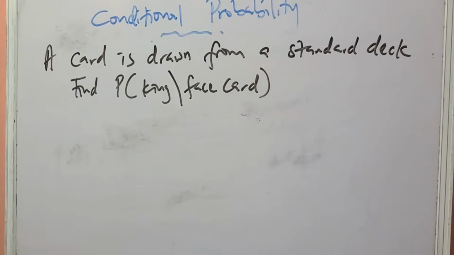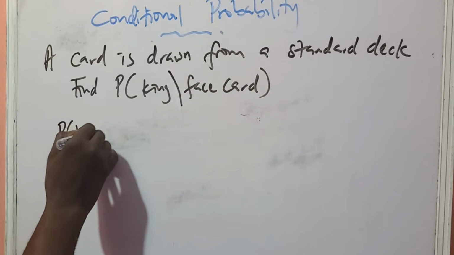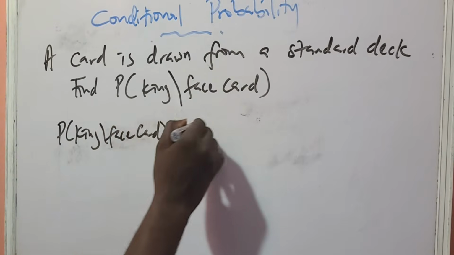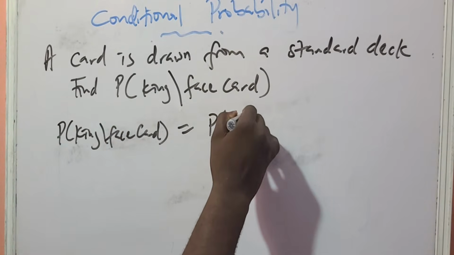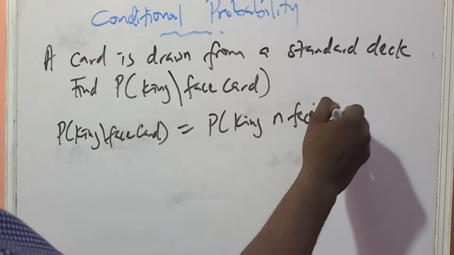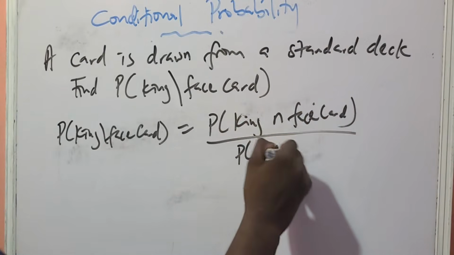Now, this is a little bit challenging if you don't know what to do. This is what I need you to understand. If you follow the formula I just gave you, the probability of king given face card will be equal to the probability of king intersection face card over the probability of face card.